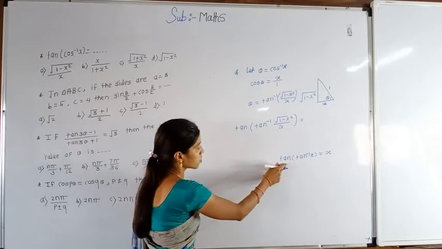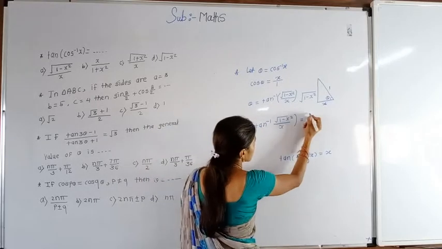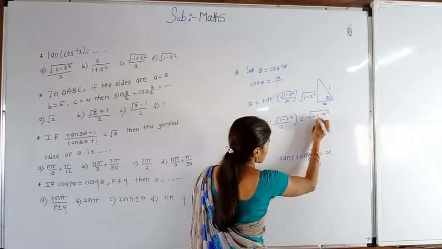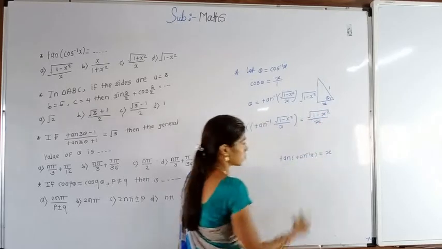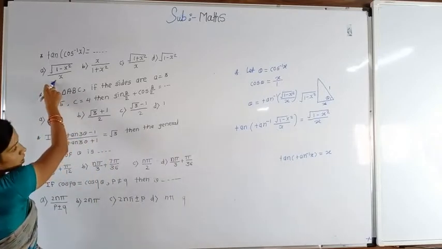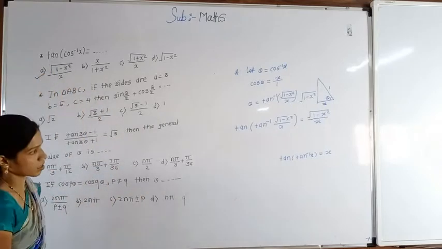Using this property, we get root of 1 minus x square divided by x. So the correct option is A, root of 1 minus x square divided by x. It is the correct answer.